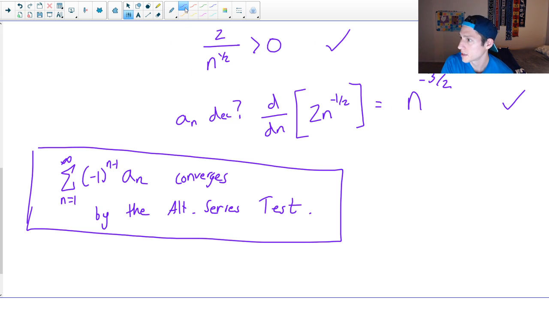Because, oops, I forgot my negative. I'm really struggling. Right, because when I take this derivative, -1/2 times 2 is -1. So since this derivative is always going to be negative, that proves that it's decreasing.